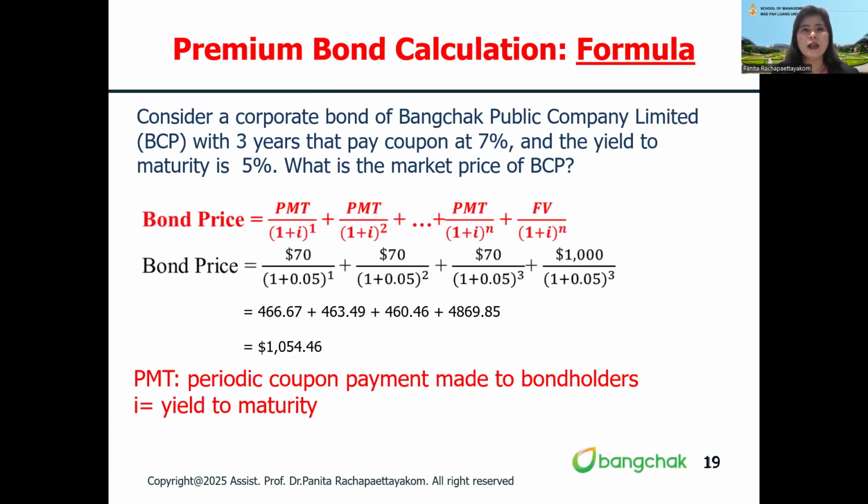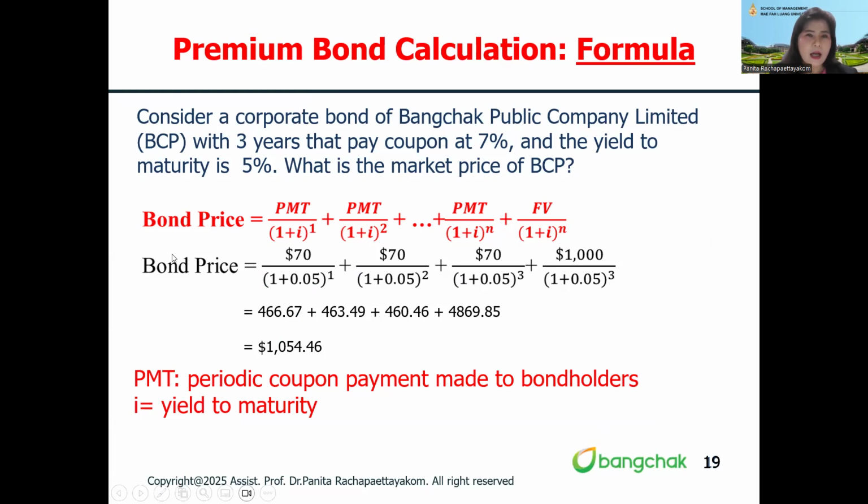So you can calculate the price of the bond by this formula. You can apply a formula to calculate the fair price or the intrinsic value of a bond. On this slide, I show you the formula for how to calculate the bond price. You can apply this formula to calculate both the premium bond and the discount bond.